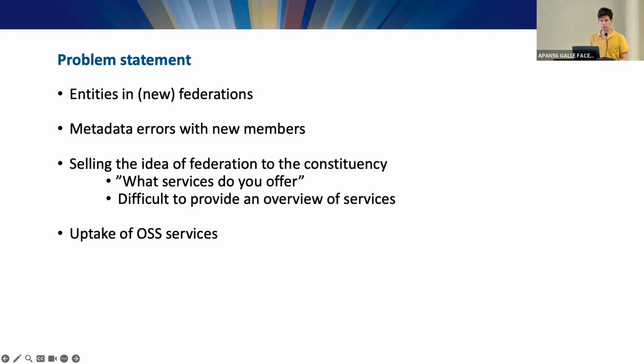Luckily, they reach out to the eduGAIN support team, and we can help each other out and make their federation more robust. But having more metadata before you enter eduGAIN would help build the maturity of your federation before you even apply.